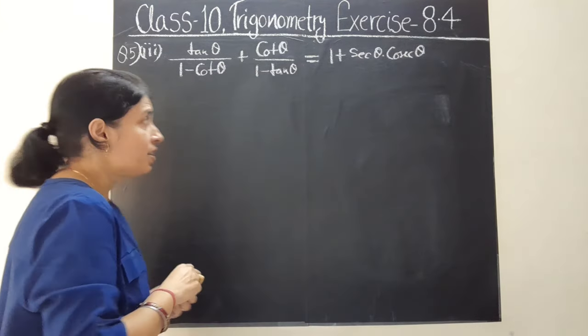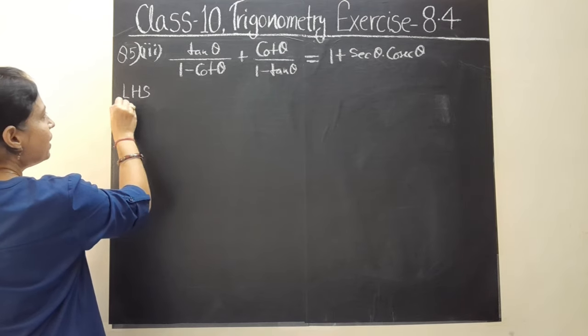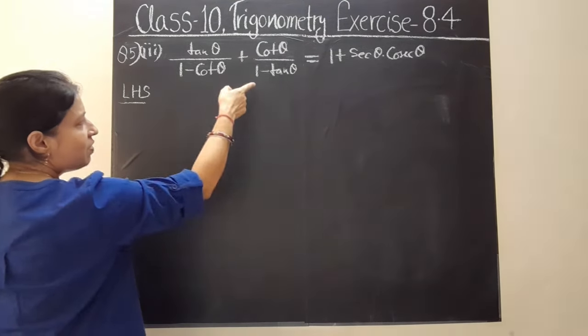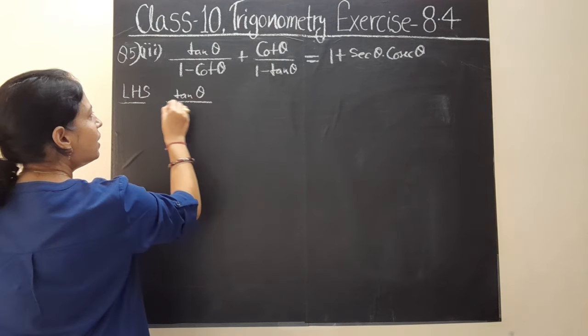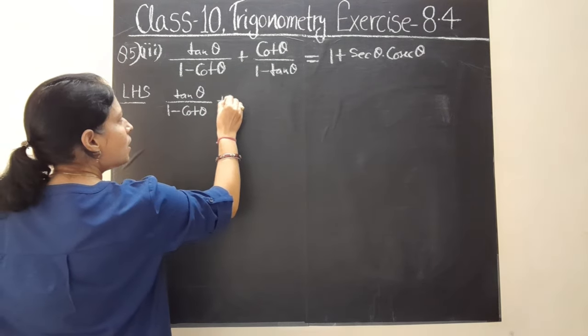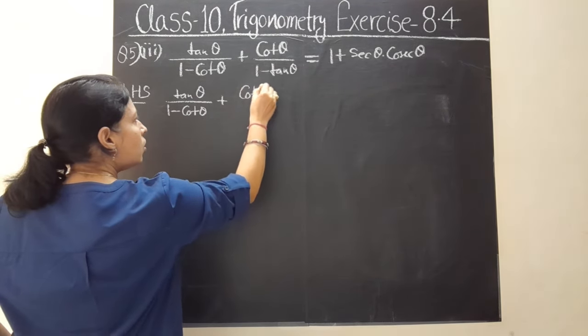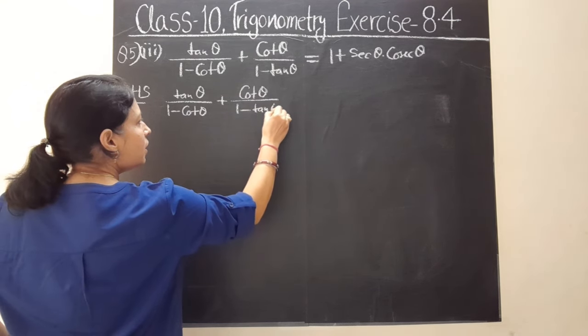So first take LHS. LHS is tan theta divided by 1 minus cot theta plus cot theta divided by 1 minus tan theta.